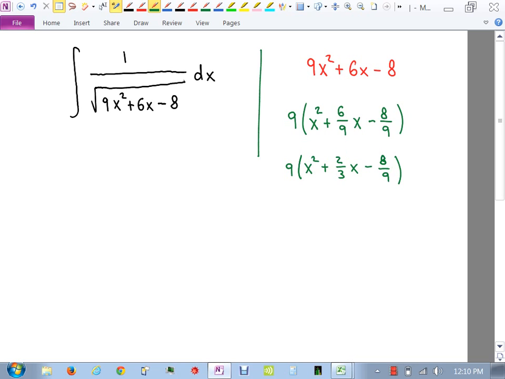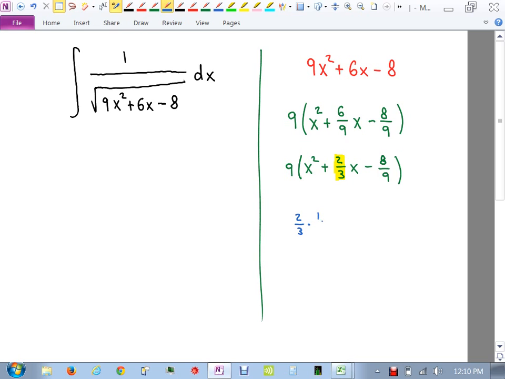Okay, this is all work I'm doing on the side here. Now, the process of completing the square, once you have a leading coefficient of 1, is to take the 2/3. That's the number in front of x. Take half of it. Okay? So what's half of 2/3? So I'm taking my 2/3.